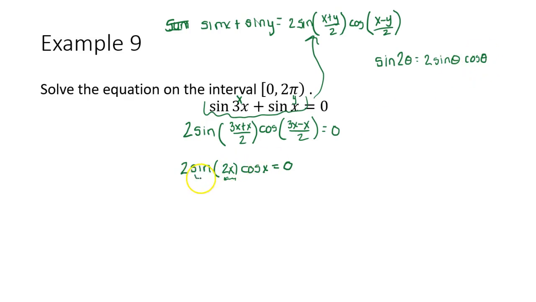I'm going to take just this piece right here, and I'm going to convert it using my formula. This is going to become 2 times the sine of x times the cosine of x. And then I'm going to bring this 2 down. So we have 2 times the sine of x times the cosine of x. And I'm going to bring this cosine down. There we go. Now we're equal to 0.